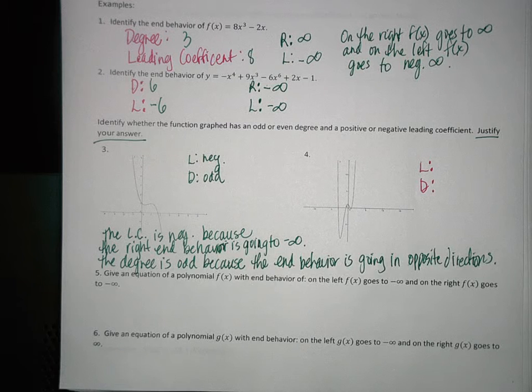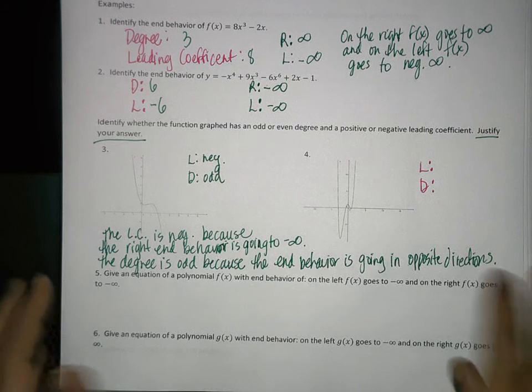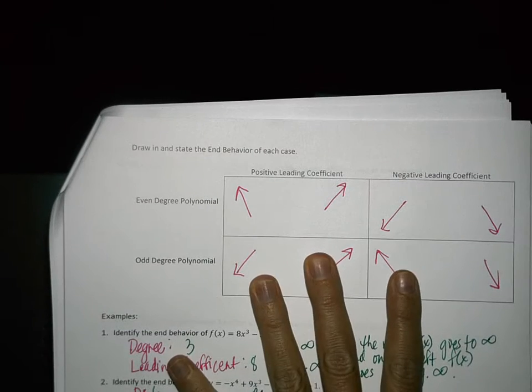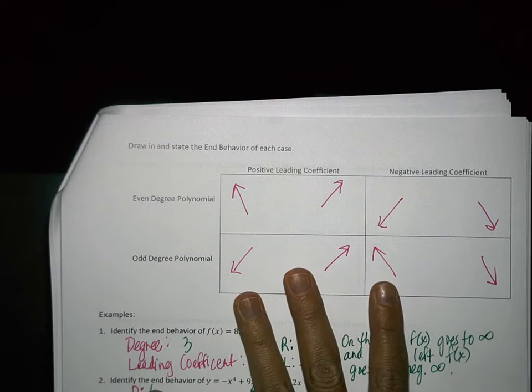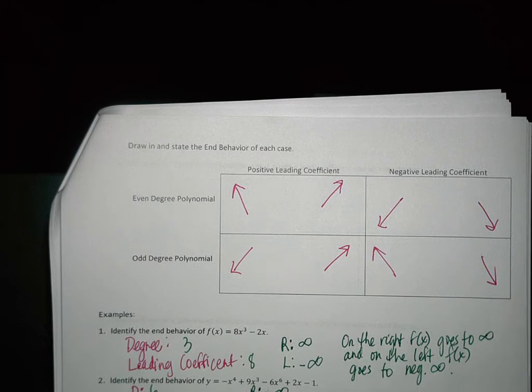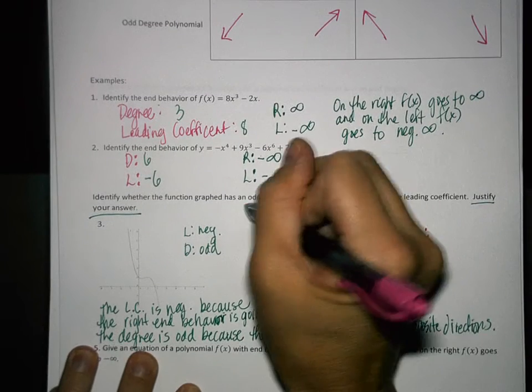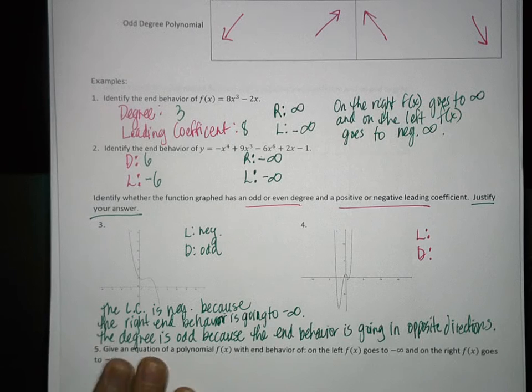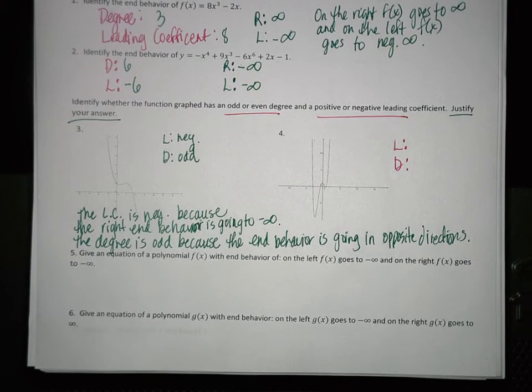So based on everything we've been talking about, you could even go back to your chart. Looking at your end behaviors, you should be able to decide if it's negative or positive and odd or even. No, you're just saying one or the other. See right here, odd or even degree, positive or negative coefficient. Okay, I'm going to give you about 10 seconds to talk in your groups, discuss your answers, and then I'm going to pull some more sticks here.